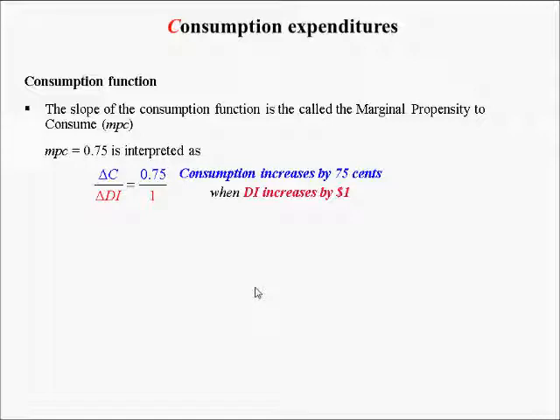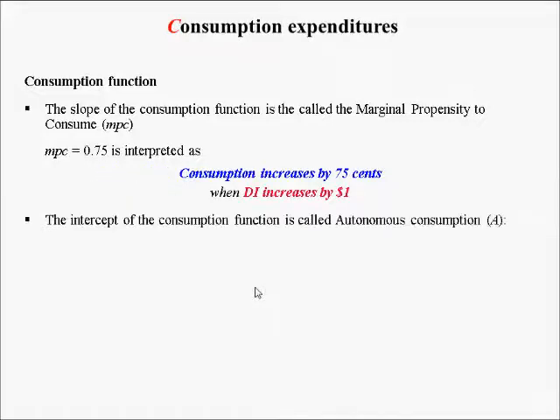Well, you'll consume 75 cents of every dollar that your disposable income increases by. Well, that means you're going to save 25 cents. So your marginal propensity to save would be 0.25. Your marginal propensity to consume is 0.75. So the marginal propensity to save is generally equal to 1 minus the MPC.